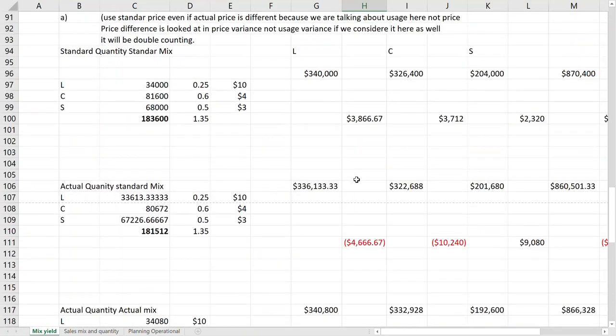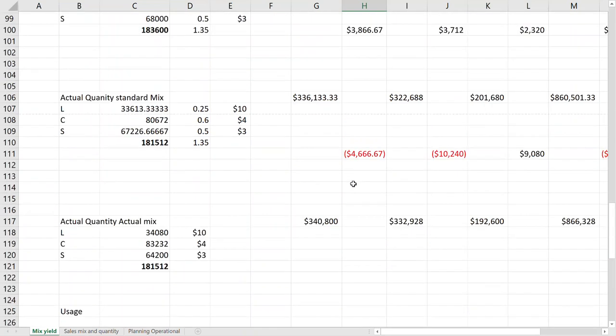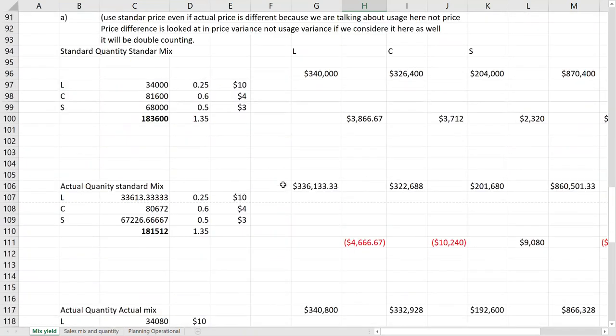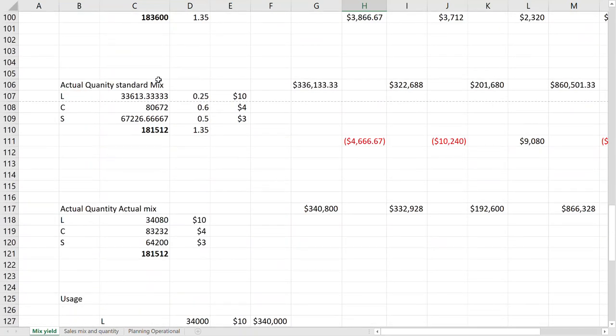Sometimes you forget which one to use, actual quantity, actual mix. Remember, in mix variance, the quantity is the same, actual quantity, but the standard mix is compared with the actual mix. So we have a mix variance. Does it make sense? The actual quantity is the same.